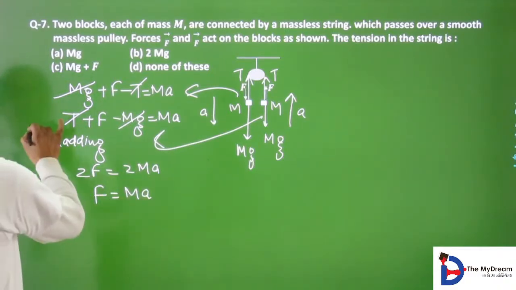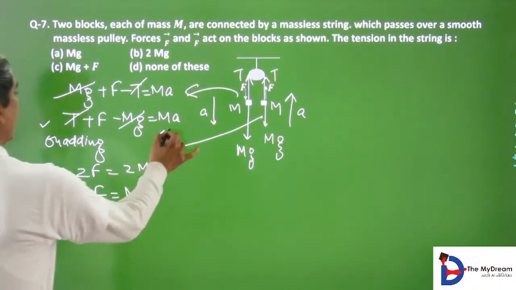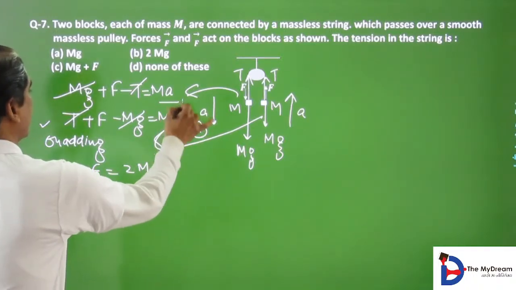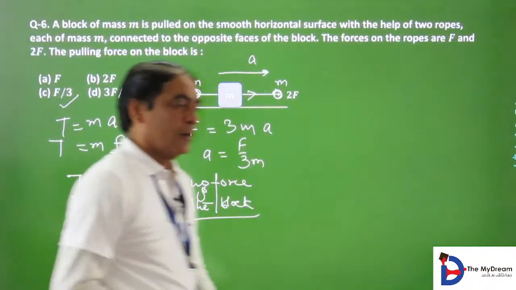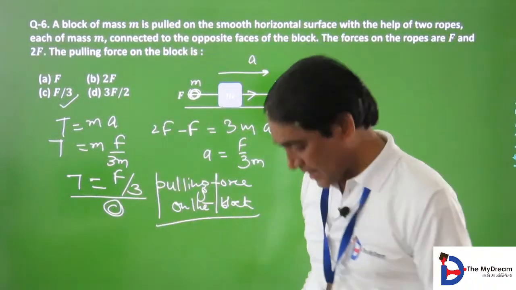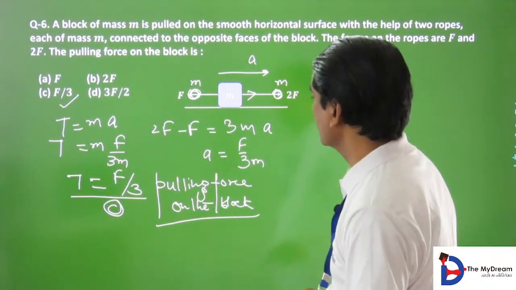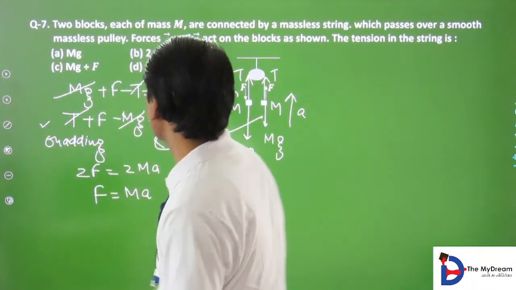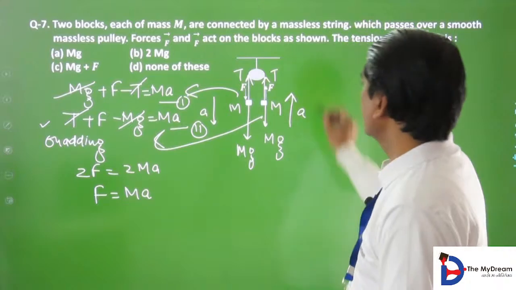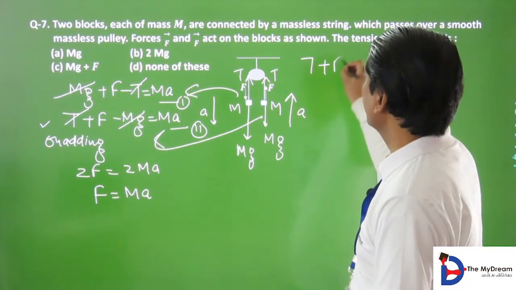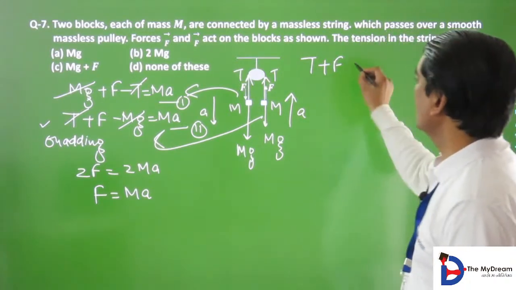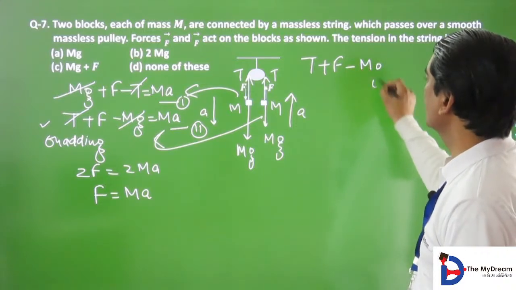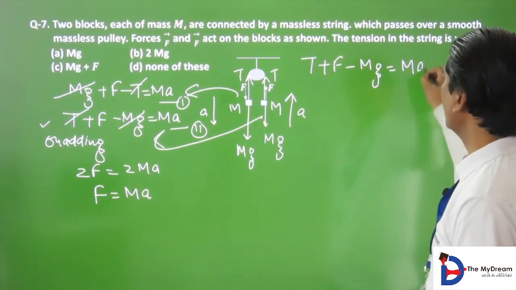Now you can put the value here in the second equation. In the second equation, you can write down T plus F minus mg is equal to ma.